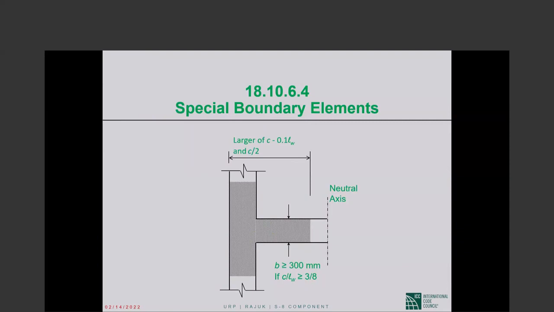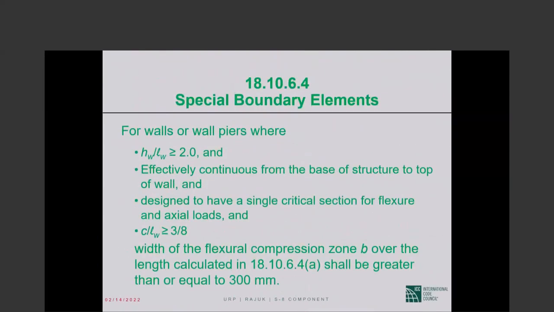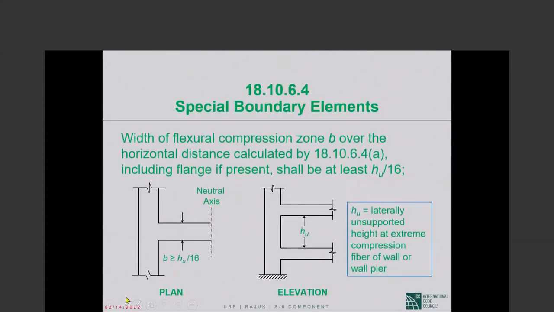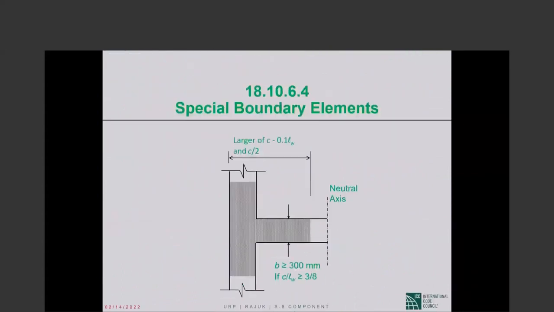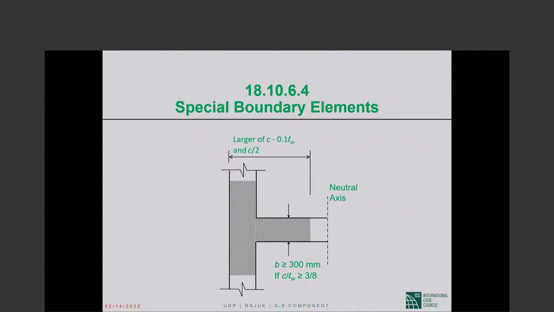So this requirement applies across the board over the specially confined boundary zone: wall thickness shall never be any less than 1/16 of the unsupported wall height. And then it says, if your wall may not be tension controlled, then there is an additional thickness requirement of 12 inches minimum.